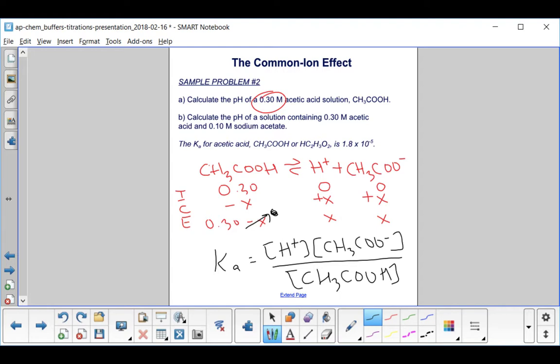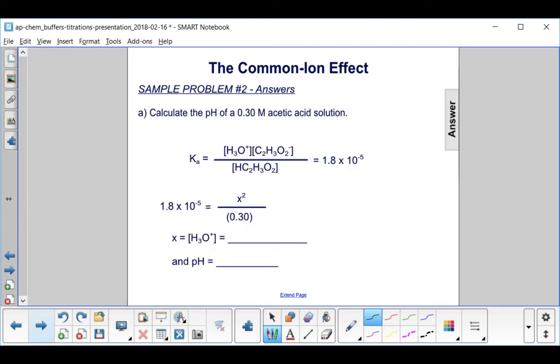So if we substitute into our equilibrium expression, we substitute X in for H3O plus, X in for acetate ion, and the initial concentration, due to the small change, for the acetic acid.